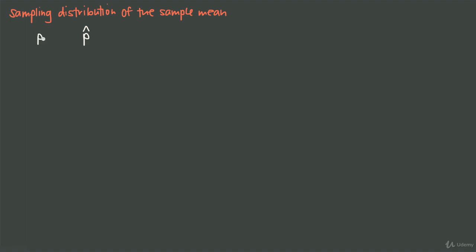the population proportion, P. Well, the sampling distribution of the sample mean is, as you might imagine, really similar, but instead of talking about a proportion, we're just talking about the mean. In other words, if we again take samples of the population and we calculate the mean of each sample, which we call mu sub x bar, and then we graph all of those means in a distribution, they're going to form the sampling distribution of the sample mean.